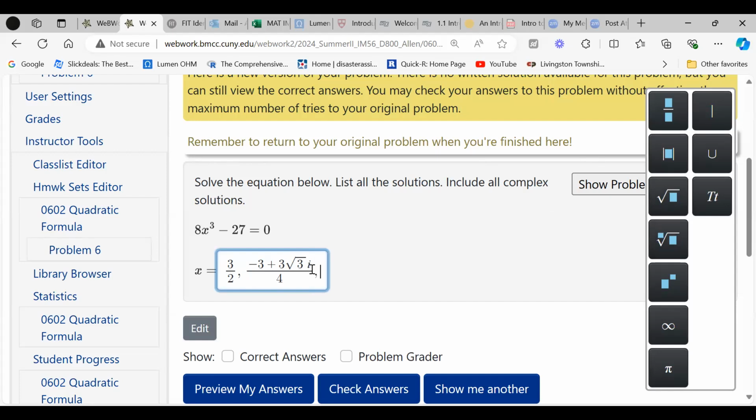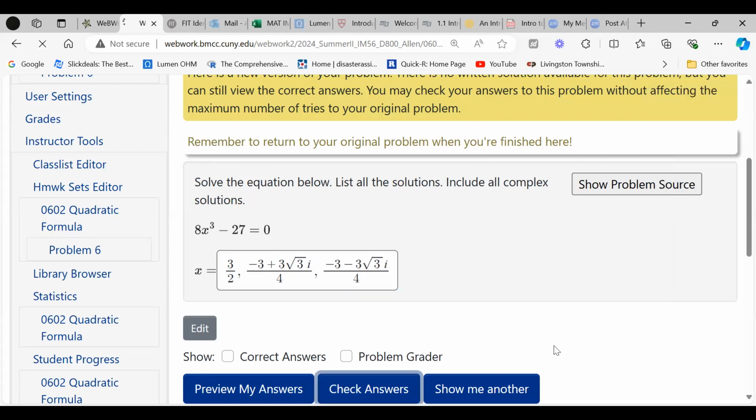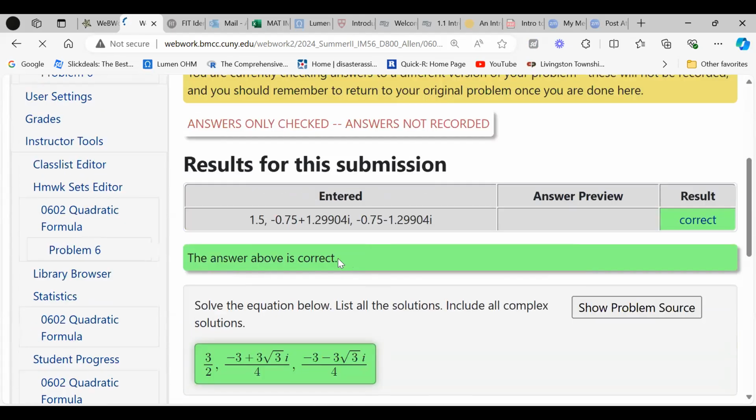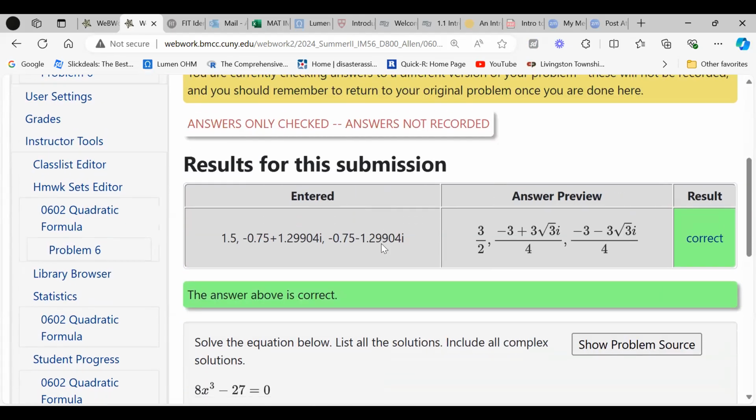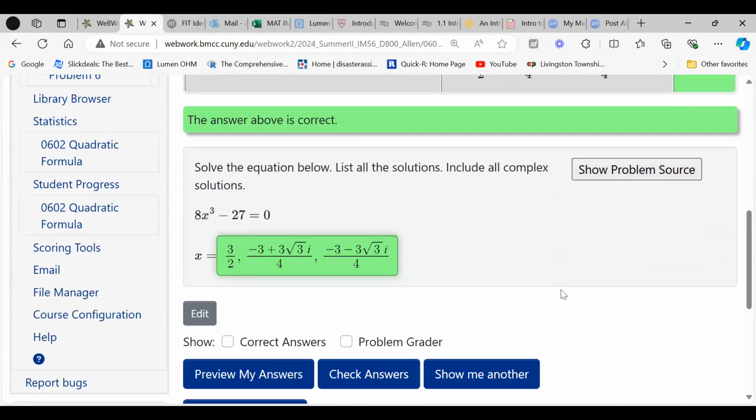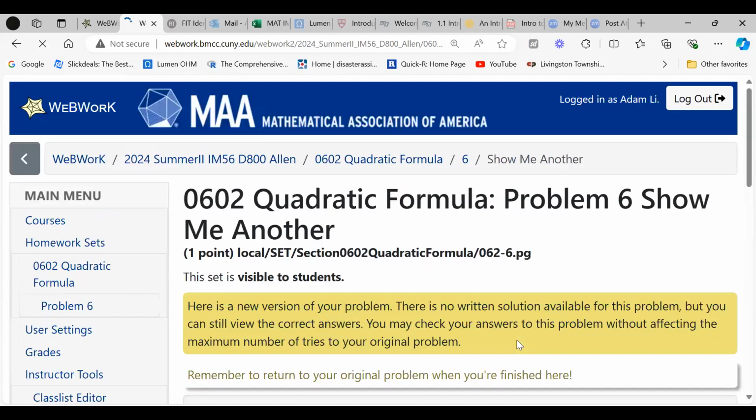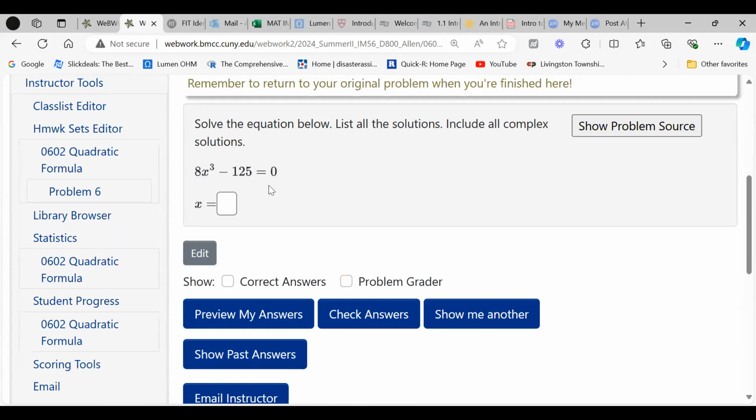And the third solution is, change the sign in the middle, minus. Okay, so that will be all 3 solutions. If you check it, it's all good. Right? Okay. Now you guys try another question. Try this.